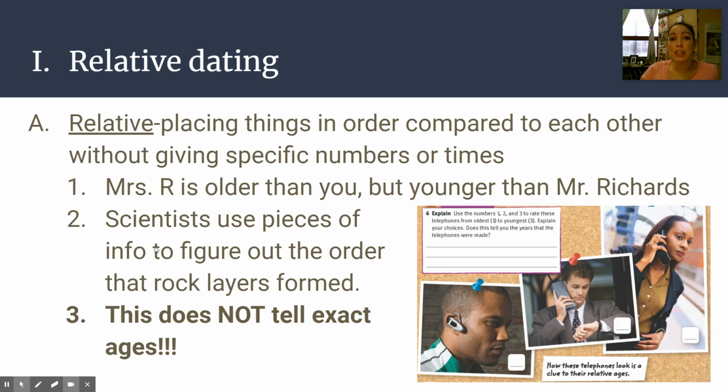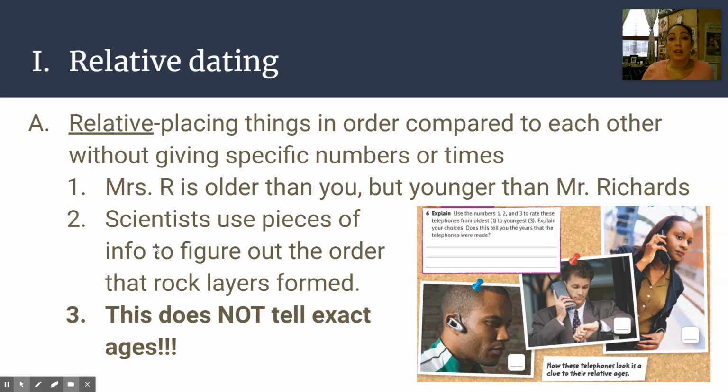This picture that is inlaid in this slide is a screenshot from your book. They just want you to figure out the relative ages of these cell phones. So just by using clues from what you see on these phones, they just want you to put them in order 1, 2, and 3, which one is the oldest and which one is the youngest. I think it's pretty clear that the phone in the middle is the oldest phone.